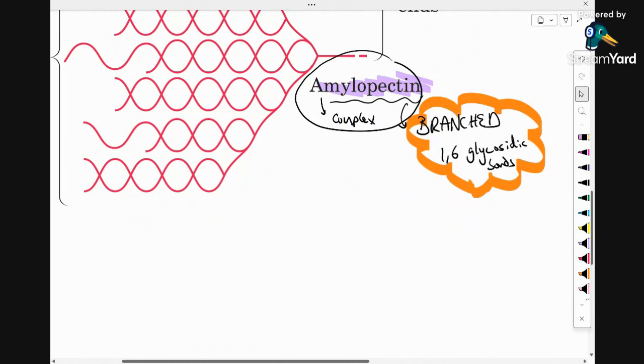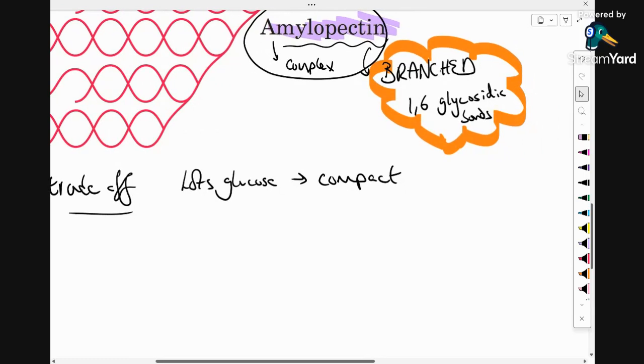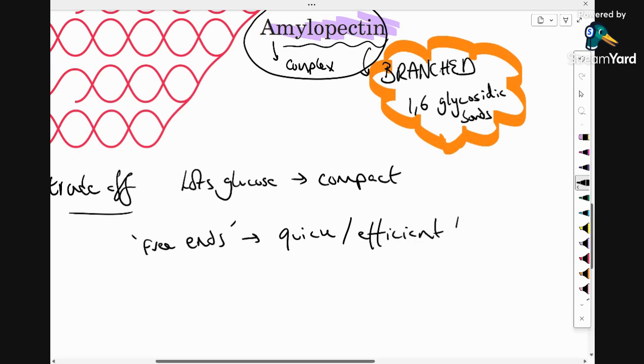But the reason is that we need a trade-off in plants: storing lots of glucose and being compact, more compact than glycogen actually, but also needing lots of free ends for quick, efficient release, hydrolysis, to get lots of glucose.